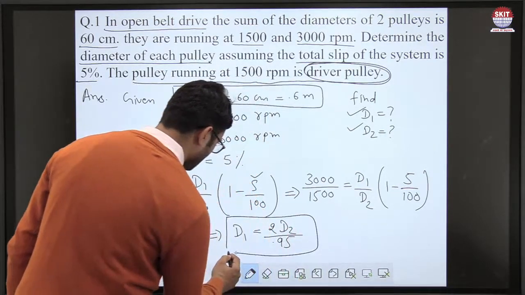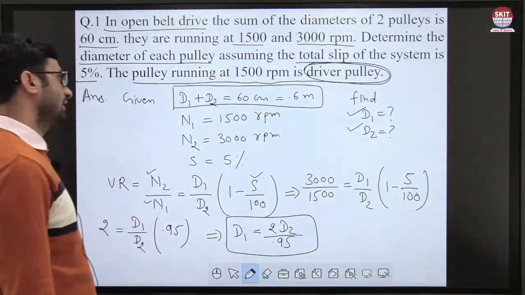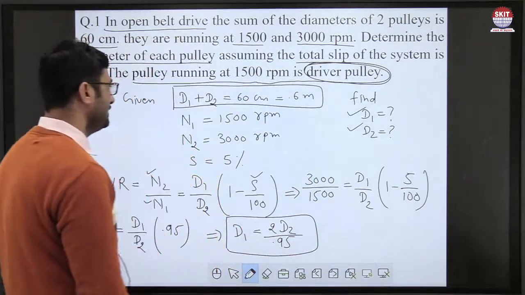This is one relation, and this is the other relation. We use these two relations and find out the values of D1 and D2.